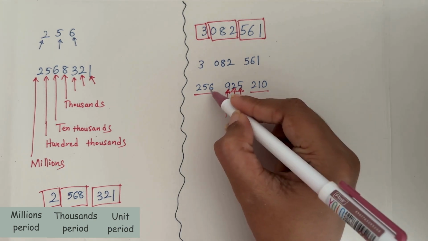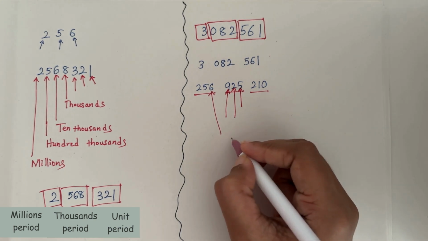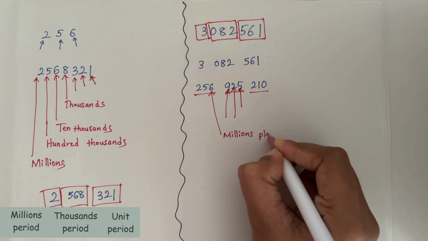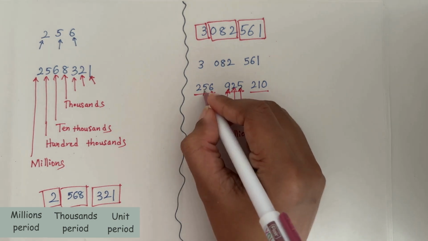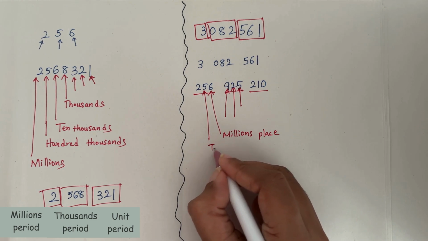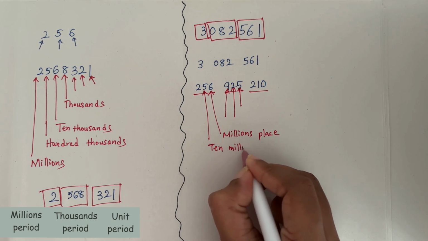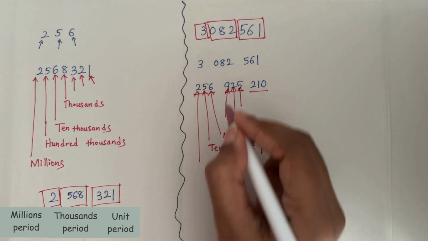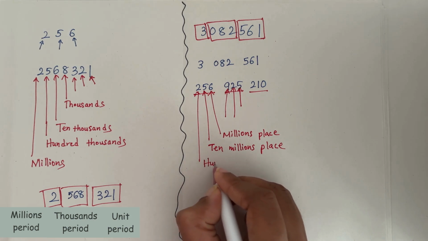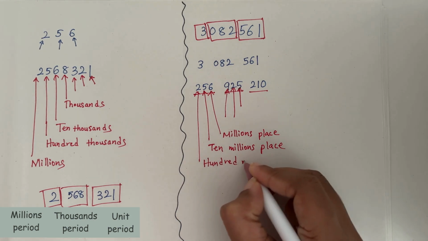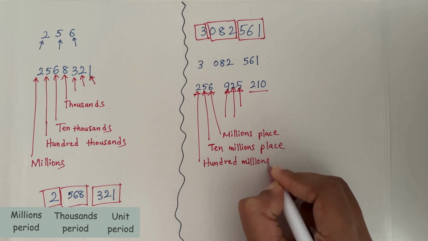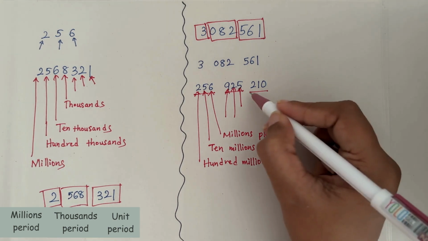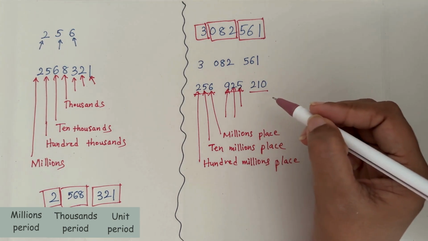Okay, and this 6, millions place, this 5, 10 millions place, this 2, 100 millions place. Okay, so the period is something else and the place value is something else.